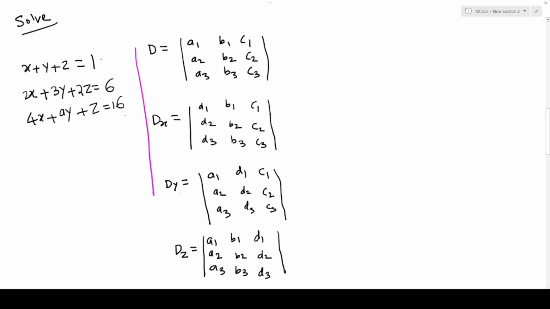X plus y plus z equals 1. This is the first equation. 2x plus 3y plus 2z equals 6. This is the second equation. And 4x plus 9y plus z equals 16. This is the third equation. Now we need to solve these three equations by using Cramer's rule.